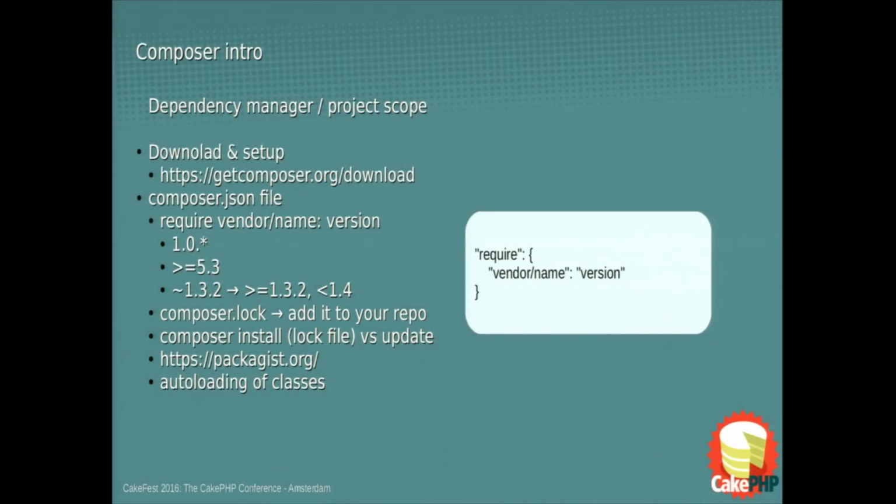So I'm going to use 1.0, the latest version of this package. Or you could use a tilde operator to express, hey, I want to update up to some version. For example, tilde 1.3.2 would start at 1.3.2 and go up to the version just before 1.4. So you guarantee that you're not going to break your code.